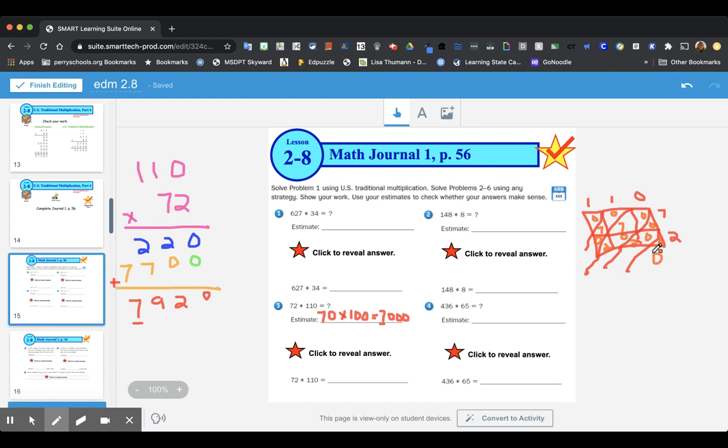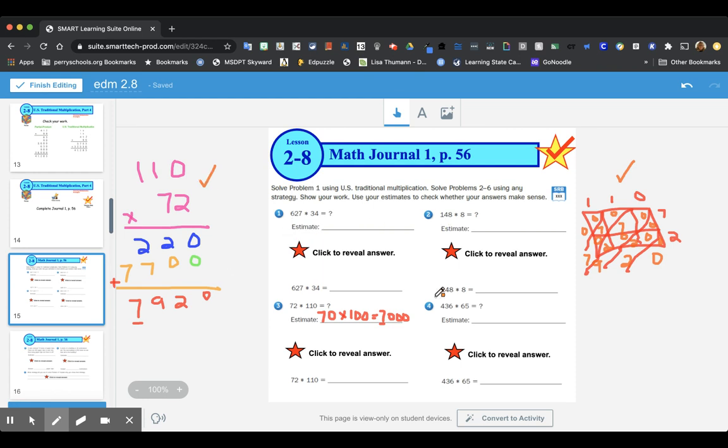So we've got a 0 here, 2 here. 0 plus 7 plus 2 is 9. And then 0 plus 7. And we've got 0. So we've got 7,920. That is a great way to check your work.